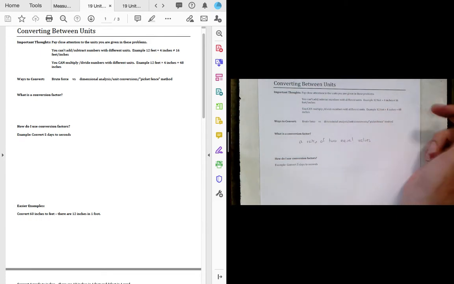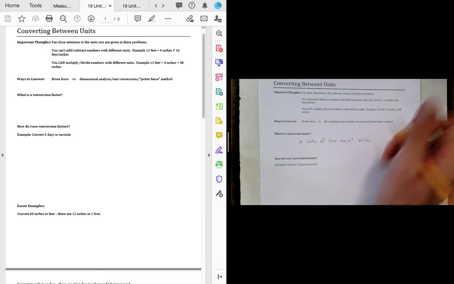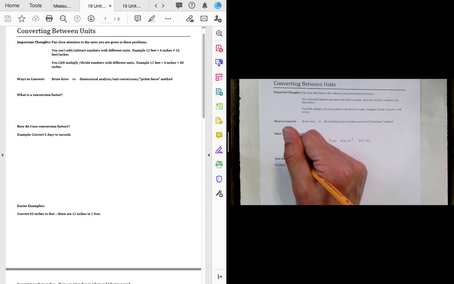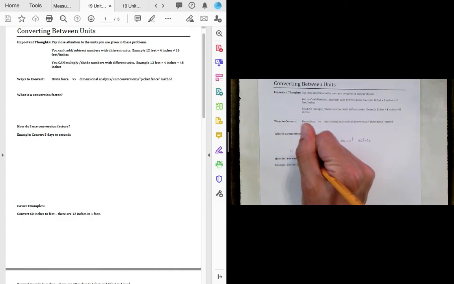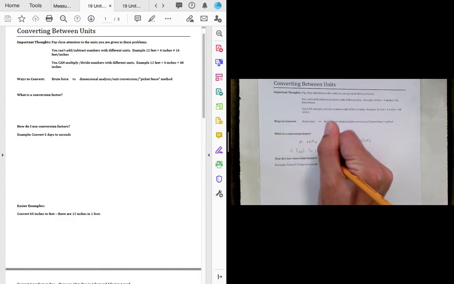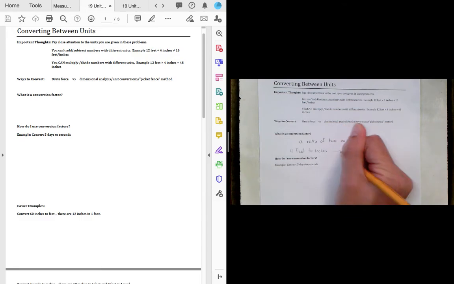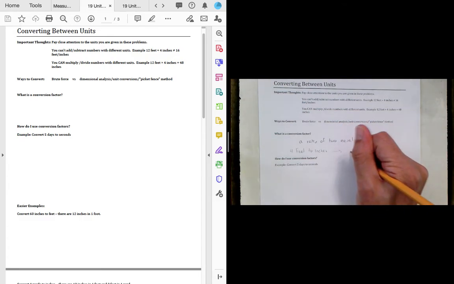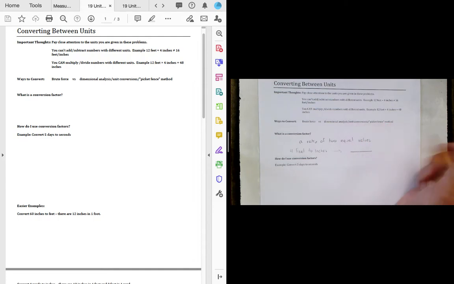If I want to convert maybe 12 feet to inches, or 4 feet to inches, for example, what I need to do is find a conversion factor, or make a ratio that gives me a relationship between feet and inches.